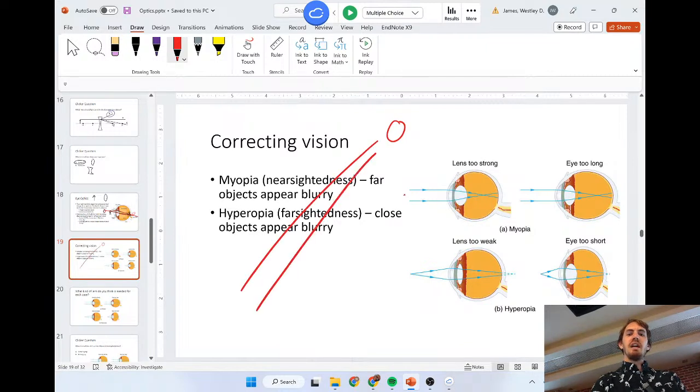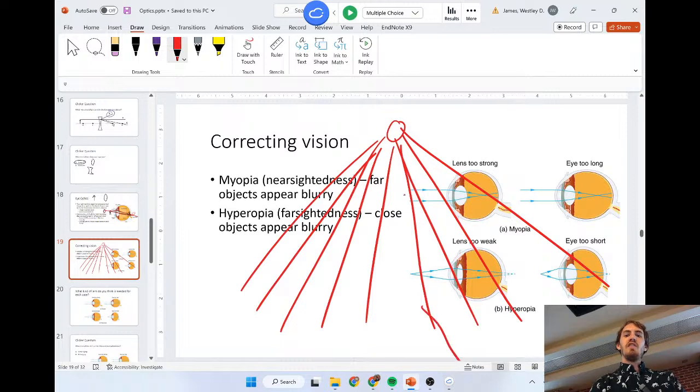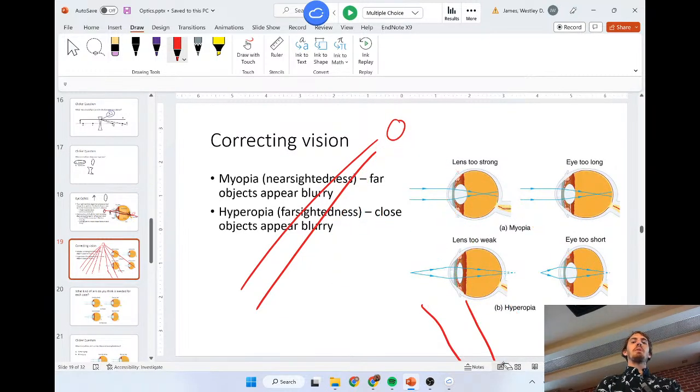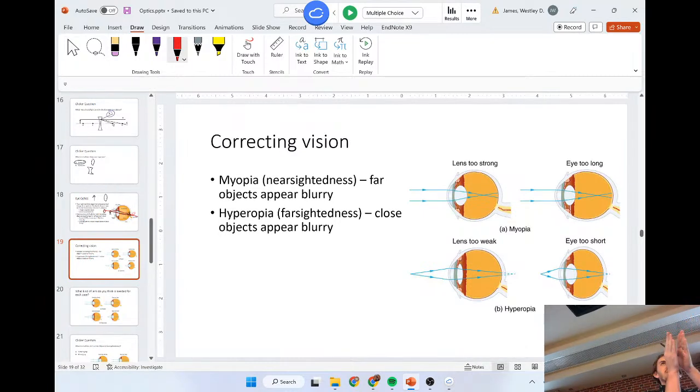The sun is emitting light rays everywhere. If you get far enough away, two light rays are going to be pretty much parallel to each other. You get far enough away from something, two light rays at a small angle will basically be parallel. So things far away, those light rays are parallel. When things are closer, we start to see the images that we've been drawing so far.